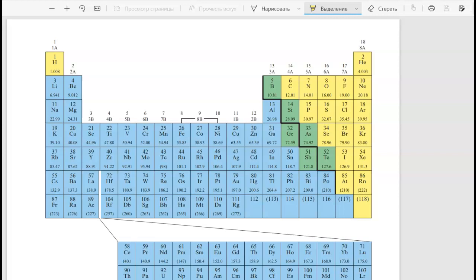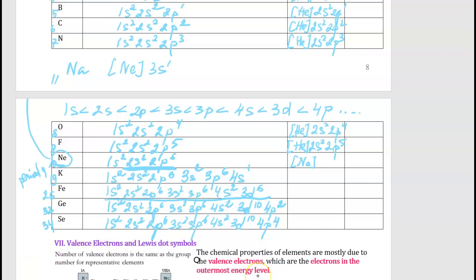Let's go to the periodic table. Potassium is here, and the previous, closest noble gas is argon, okay? And we will use it here. So argon, 4s1. Iron, the same, argon, and 4s2, 3d6.